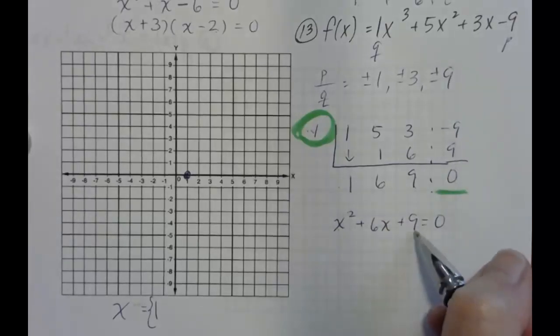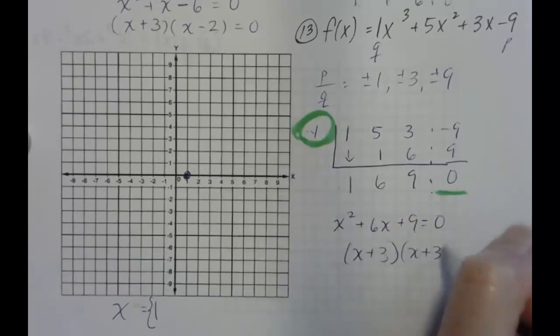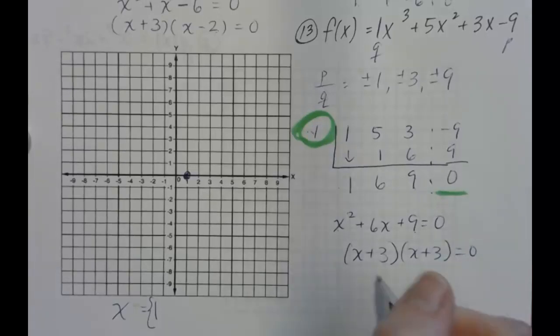And factors of 9 that add up to 6 are plus 3 and plus 3. Which means, again, we have a repeating root, so x equals negative 3, not once, but twice. So negative 3 has a multiplicity of 2.